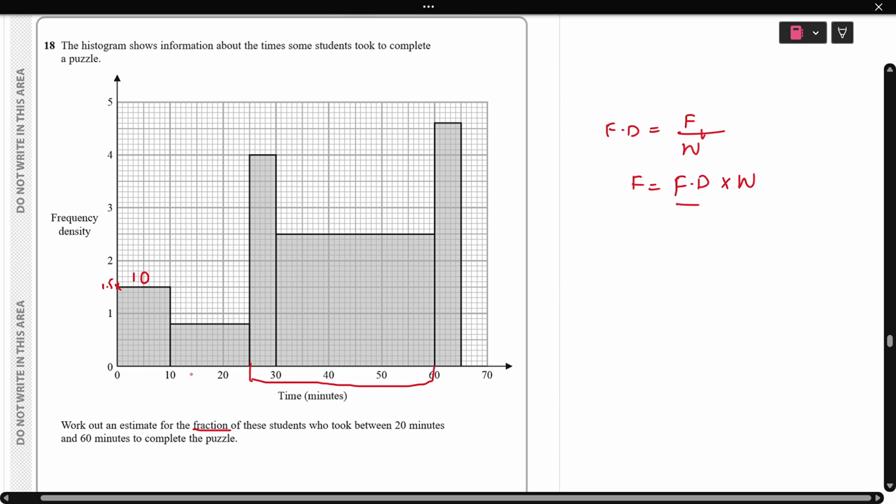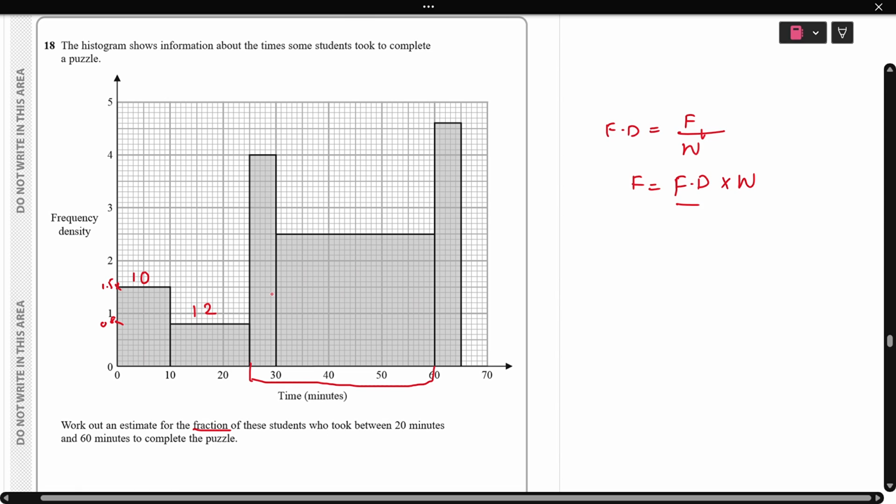And next one, 10 to 25. The interval is 15, times 0.8. 15 times 0.8 is 12 students.